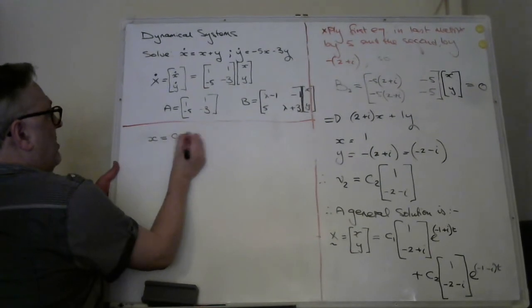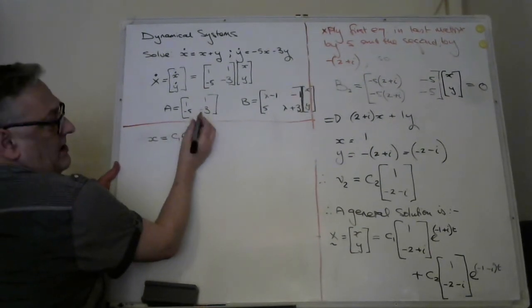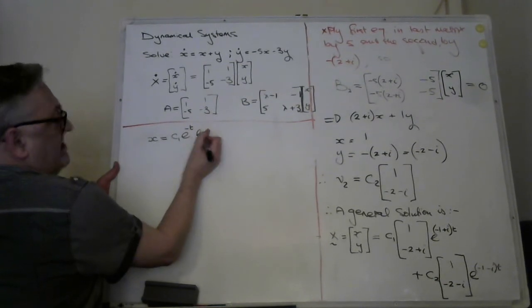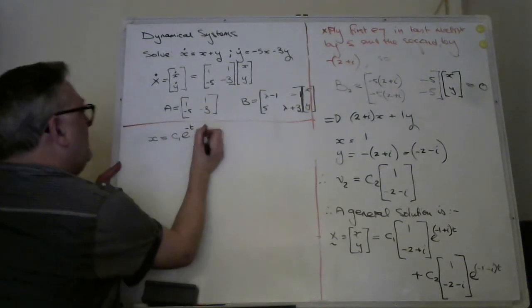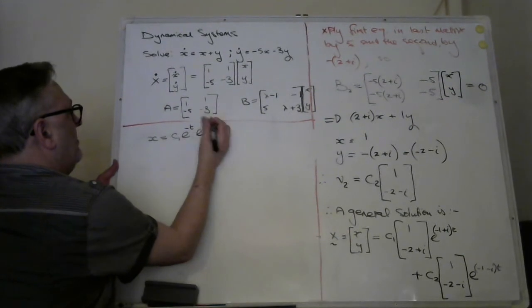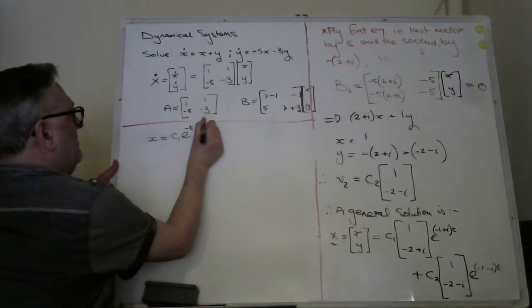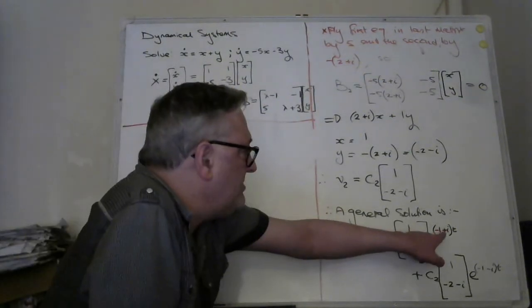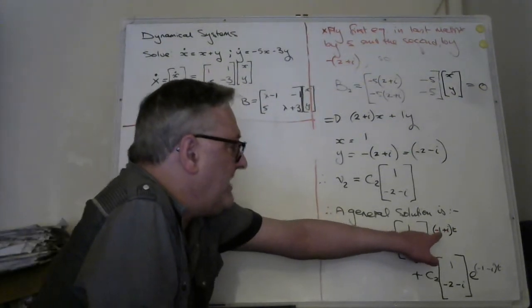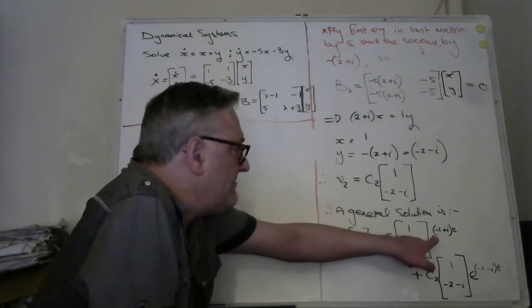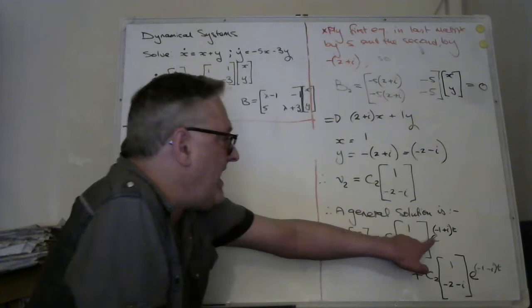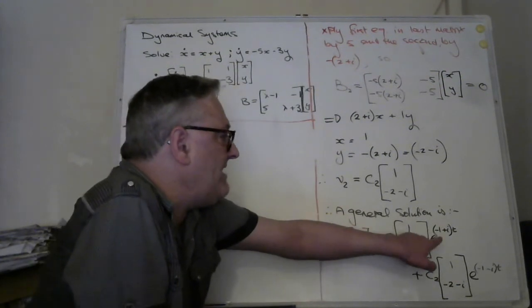So that's c1 e to the minus t times e to the i t. You see, I've just split this up into the product of two exponentials. So I'll say this again. I've split this exponential up into the product of two exponentials, e to the minus t times e to the i t.